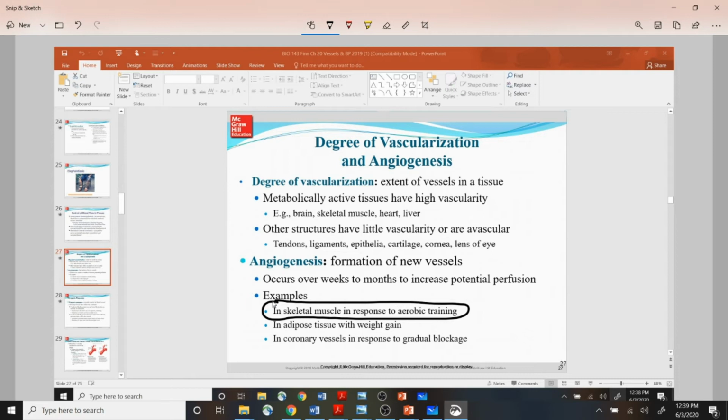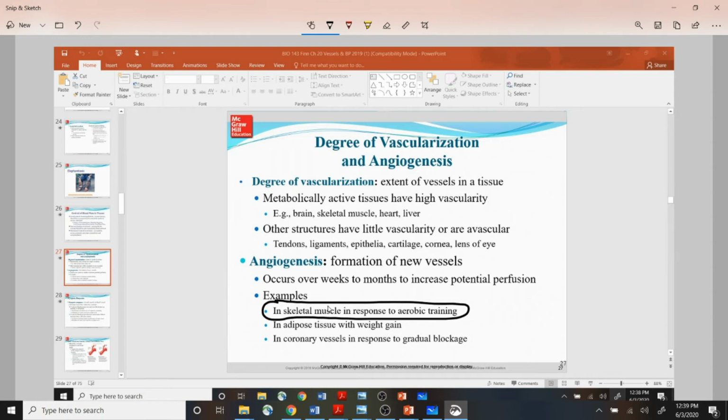You know, somebody that's really aerobically fit, they have more blood vessels to deliver more oxygen to their skeletal muscle, so their heart doesn't beat as much. Somebody at rest that's really physically fit may have a resting heart rate around 50. And so as they're exercising, the heart doesn't have to beat as much because of angiogenesis.